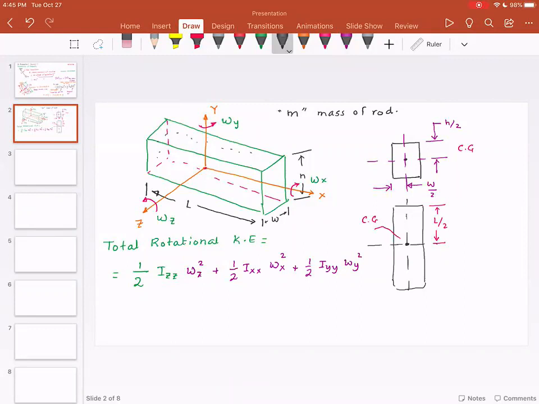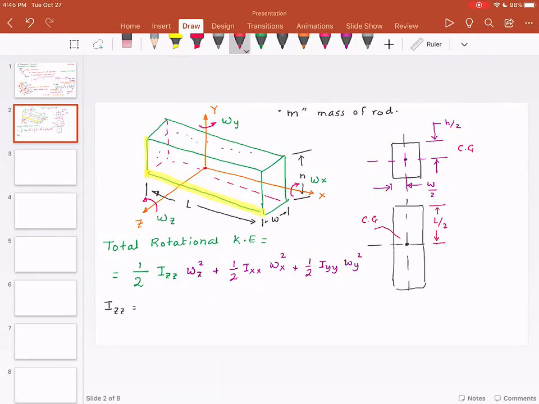I'm going to give you expressions, so please pay attention. There's a symmetry that you can follow. Look at IZZ. What are the two important dimensions here? You have this dimension and this dimension. IZZ is perpendicular to the plane XY, so the z-axis is perpendicular to the plane that comprises x and y.